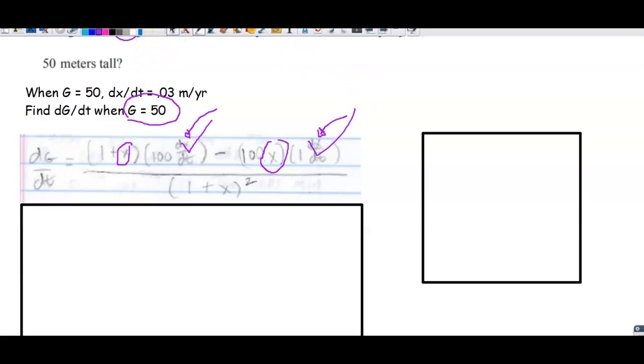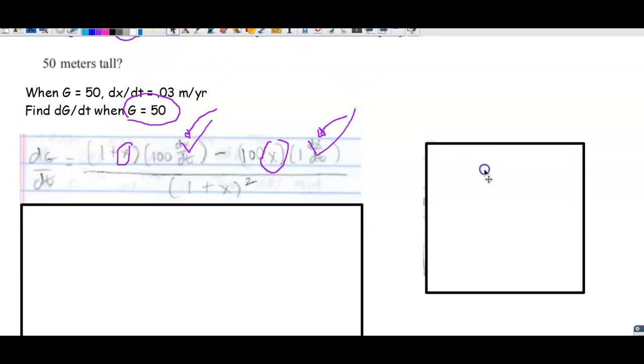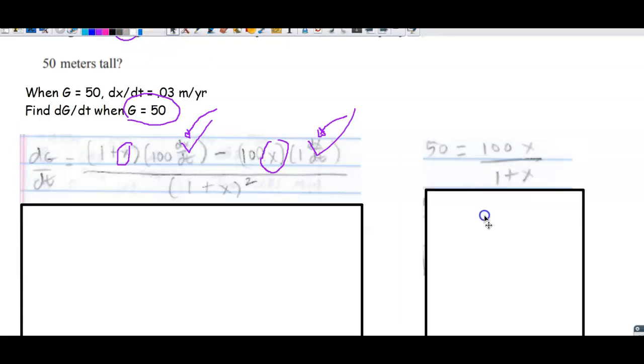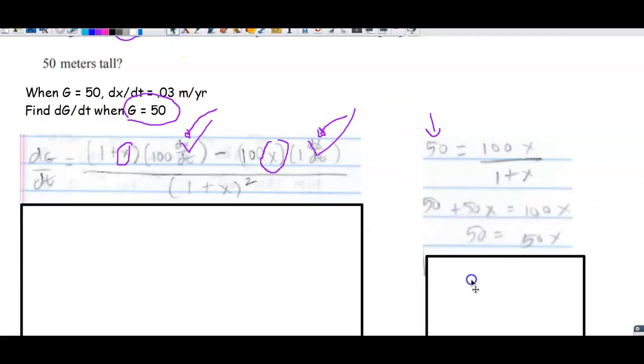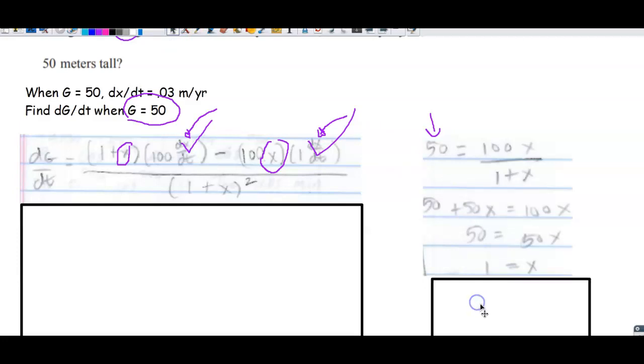But that's okay because our equation connects g and x. So I'm going to substitute 50 in place of g, which I did right here. And I'm going to cross multiply to solve for x. So cross multiply, and x turns out to be 1.